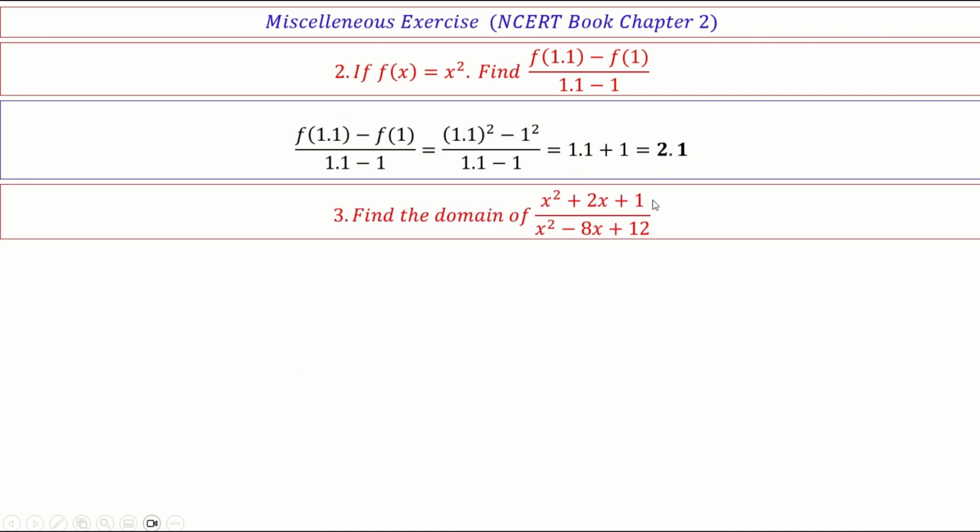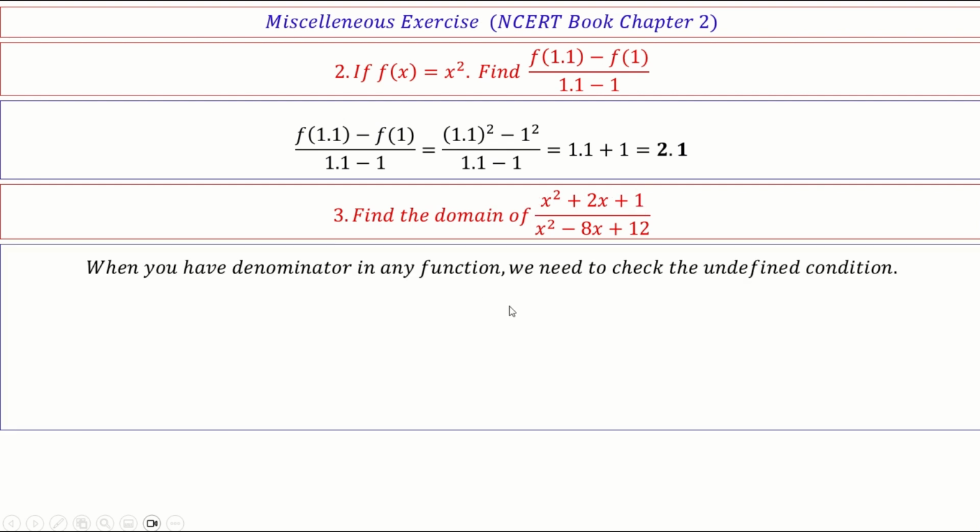What is the domain of this one? Whenever such questions are asked, always check. This is true for any real value, right? Any real value, this is always positive, correct? So the only thing is we have to check the denominator. That is most important. The condition for the denominator, because the denominator cannot be 0.